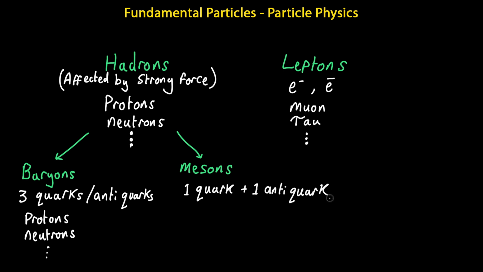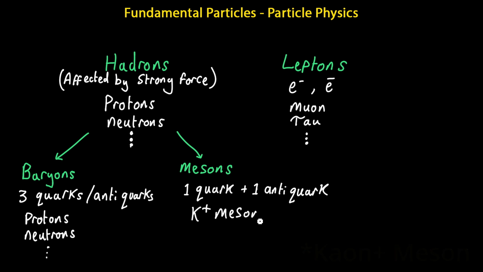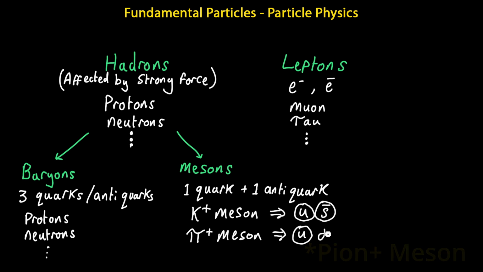Examples include the K+ meson, which is made up of an up quark and an anti-strange quark, and the Pi+ meson, made up of an up quark and an anti-down quark. So like the protons and neutrons, hadrons always combine quarks or antiquarks to give a whole or 0 charge.